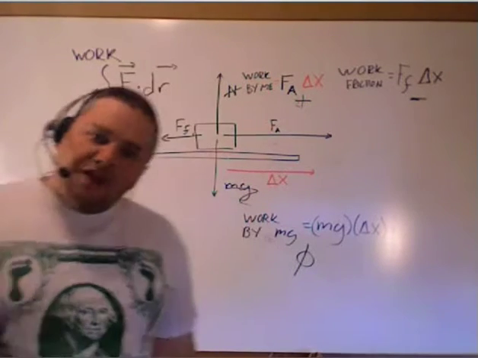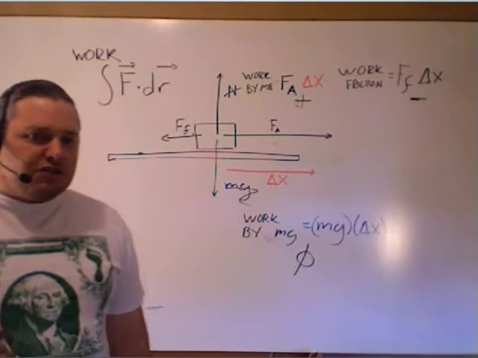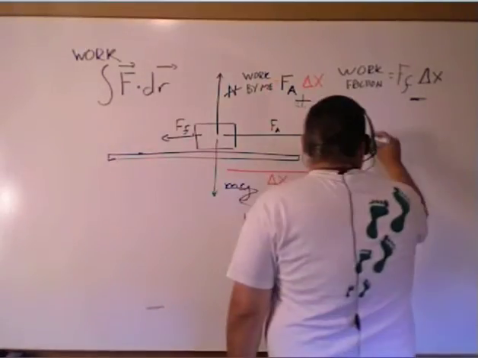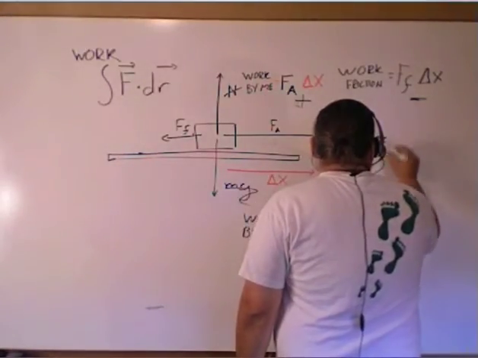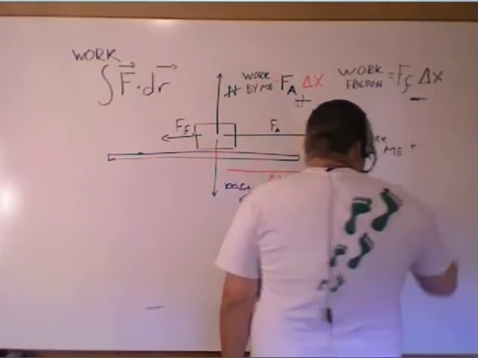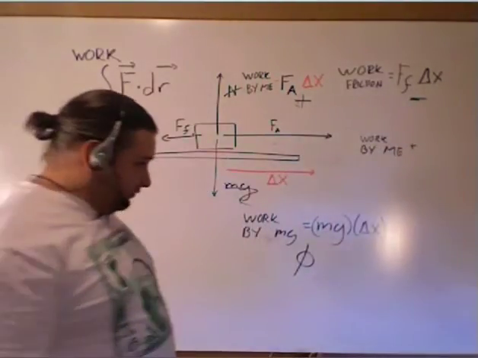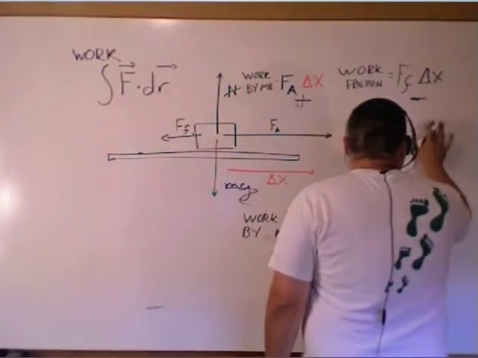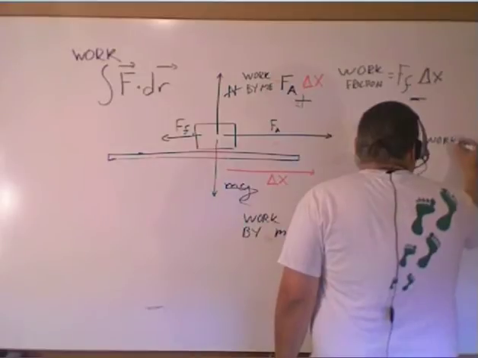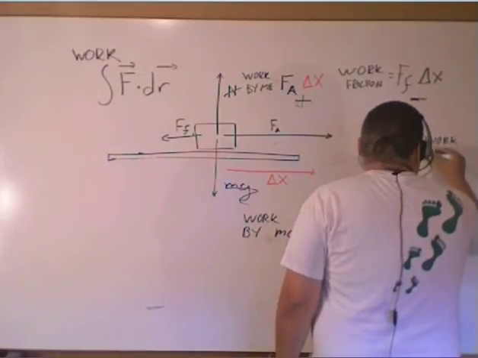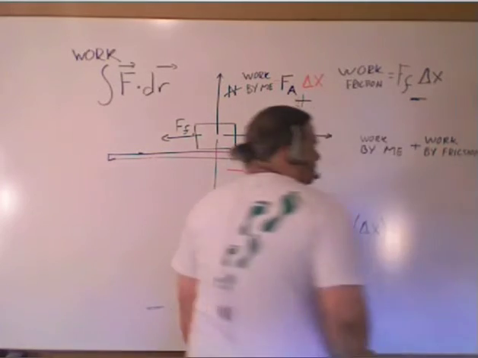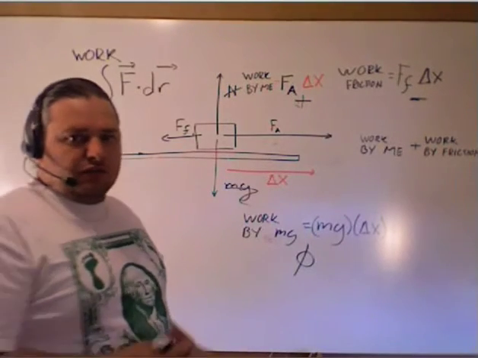Okay? And then when we want to talk about changes in motion, or the net work being done on an object, we just say the work done by me plus any of the other work that's being done in that direction is the total work.